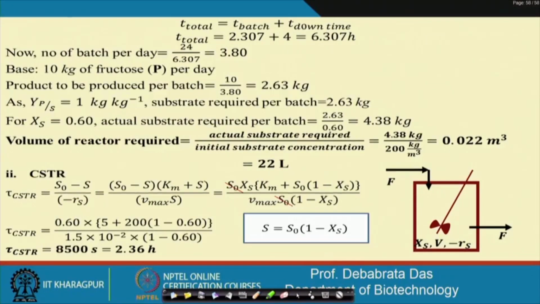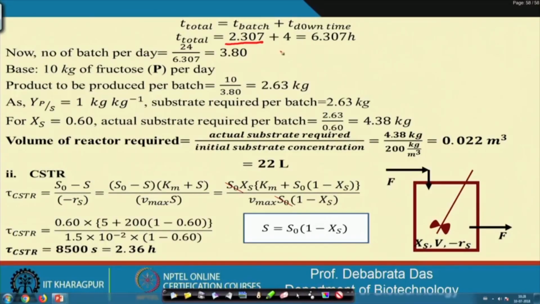Now, again I told you that one of the drawbacks of the batch process is the downtime, because after the completion of one batch you have to run another batch. Naturally you require some time, because you have to take the material out, clean the vessel, and refill the vessel.